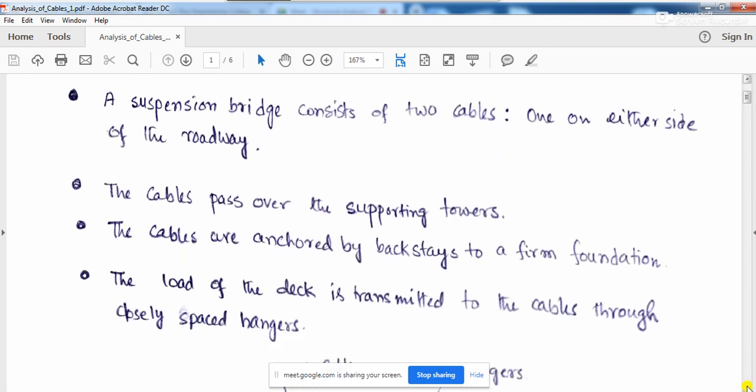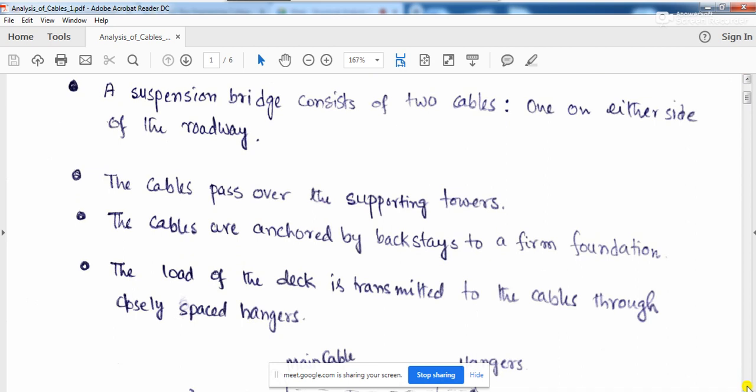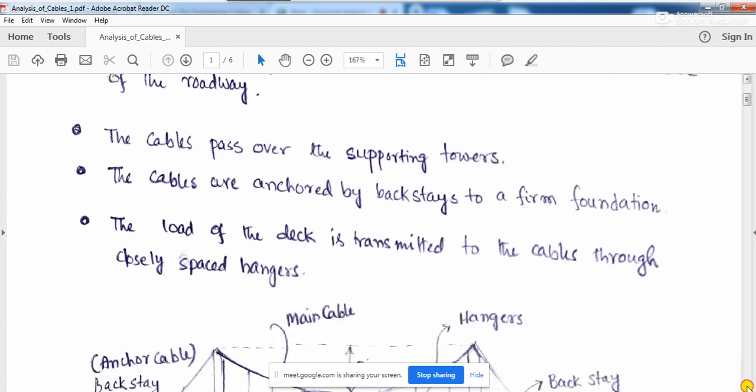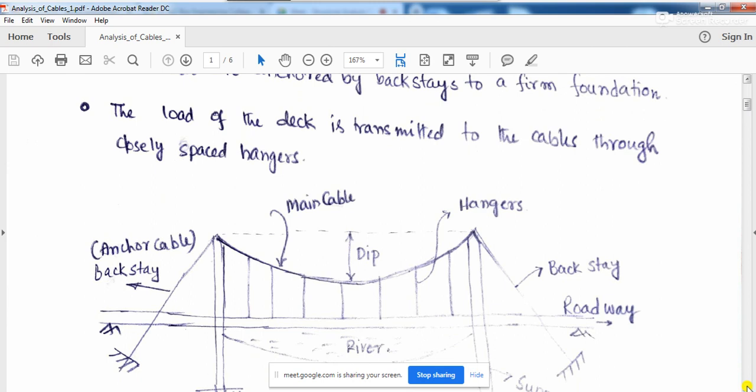Okay, the cables are anchored by backstay to a firm foundation, you have observed, and the load of the deck is transmitted to the cables through closely spaced hangers, as I have explained. So how will the load be transferred? This is your roadway, and the vehicles will be running over this roadway. When the load comes on this roadway, as well as the dead load of the roadway, it will be transferred through these closely spaced hangers.